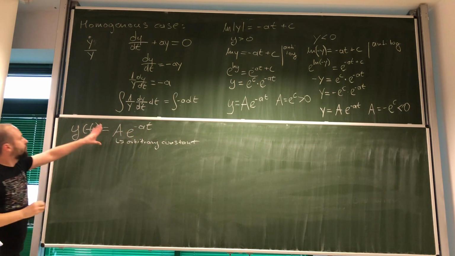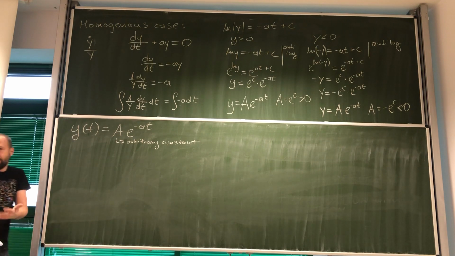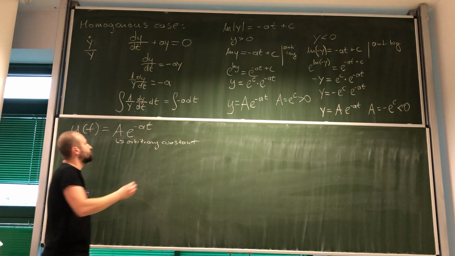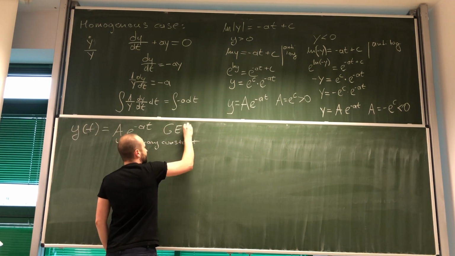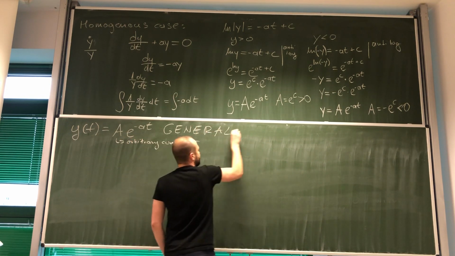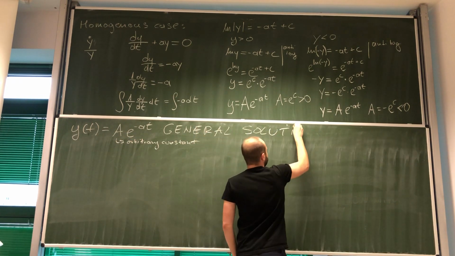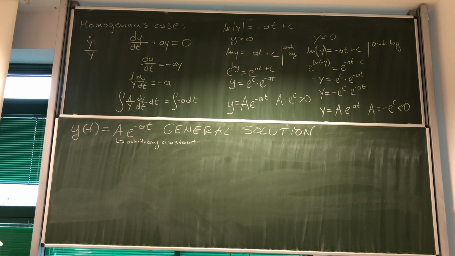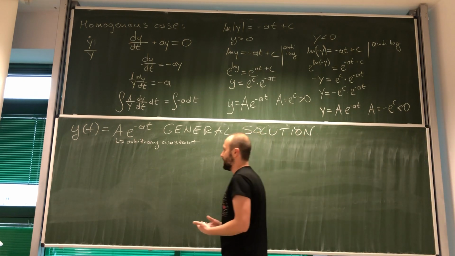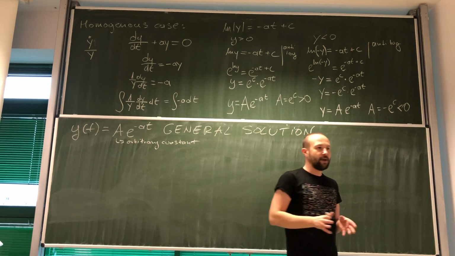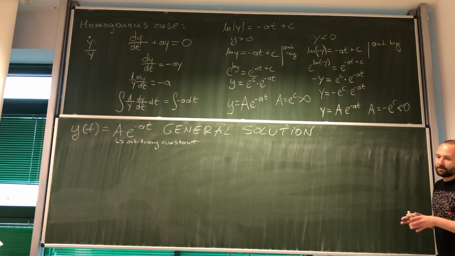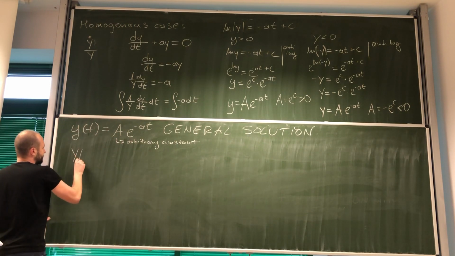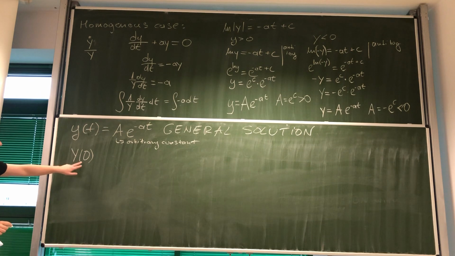So look, we don't know what is the value of this constant, right? This is why this type of solution is called general solution. Now, if we know some additional information about the problem we are dealing with, we are very often given something that is called initial condition. And this initial condition is some y of 0.